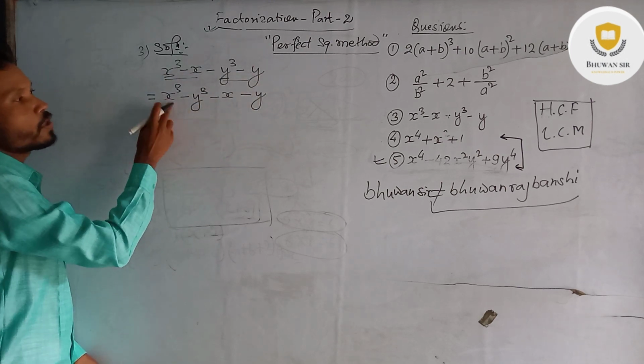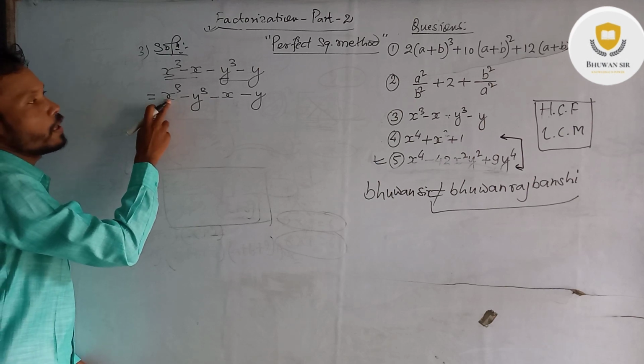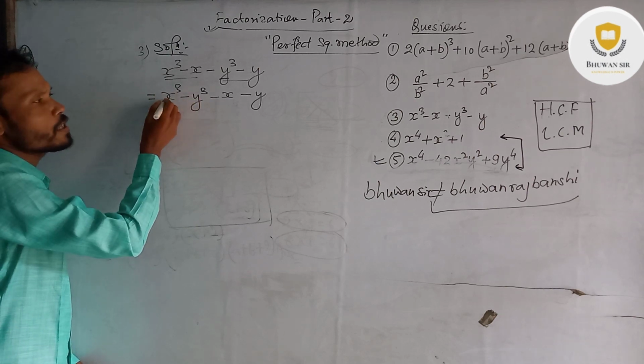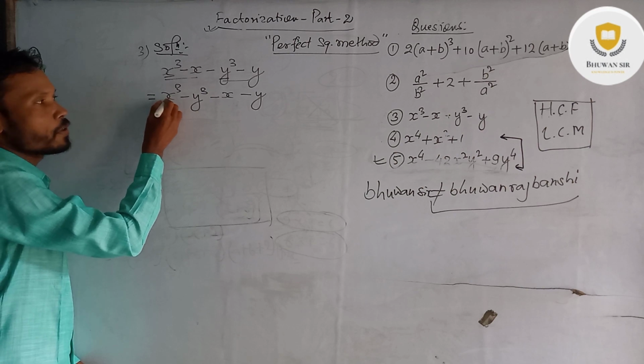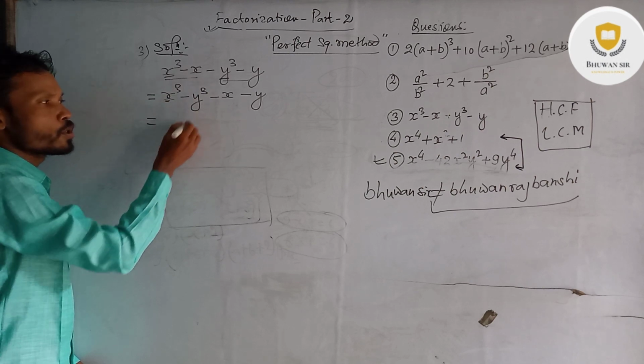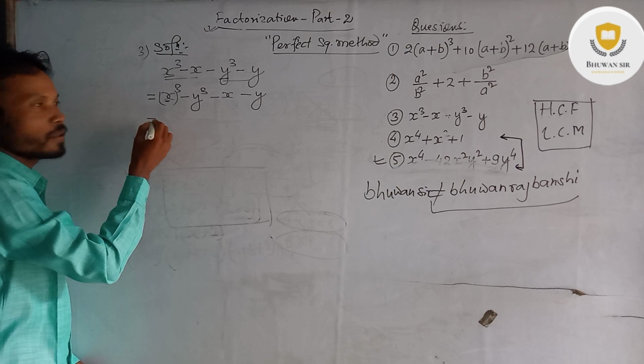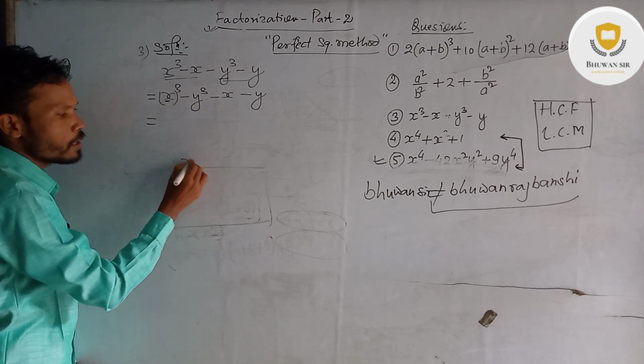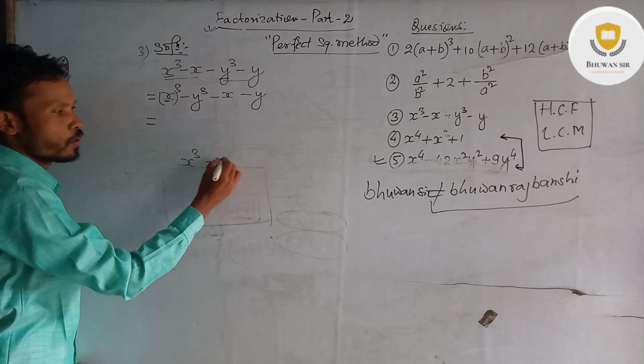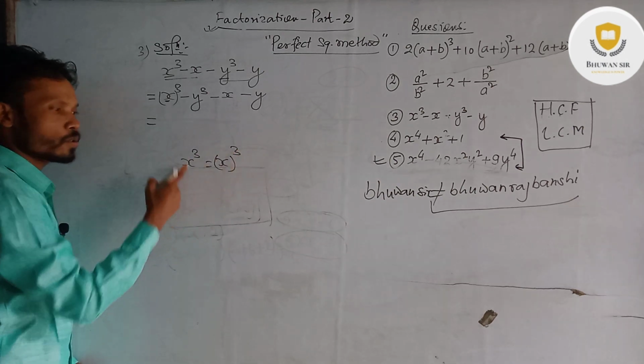Now let's use the formula here, a cube minus b cube. It is already a single variable here, so we don't need to use brackets, x whole square like this. But remember, if it is x cube, no problem, x whole cube is also the same.